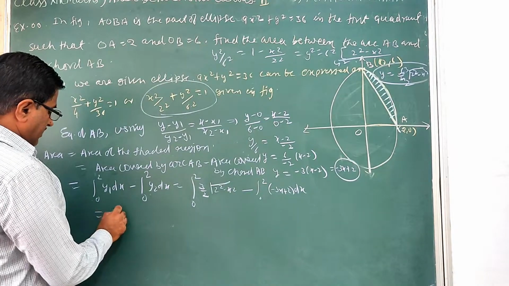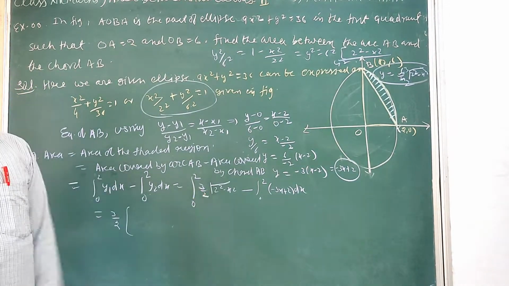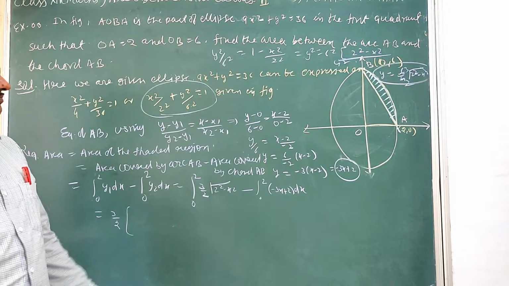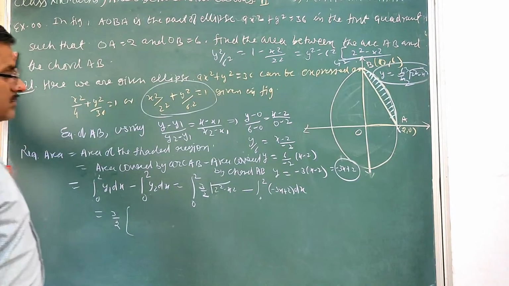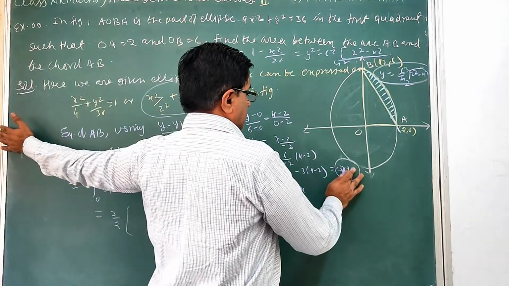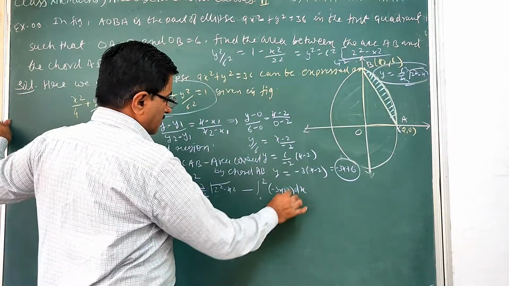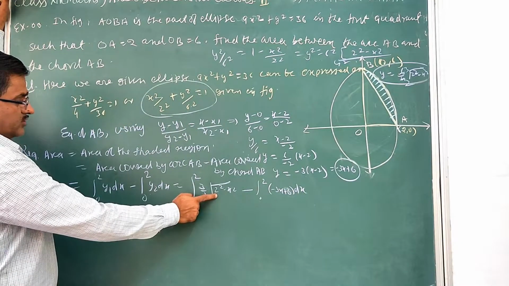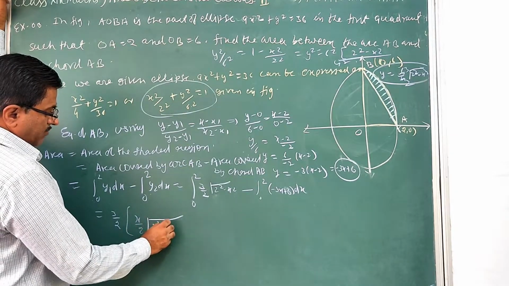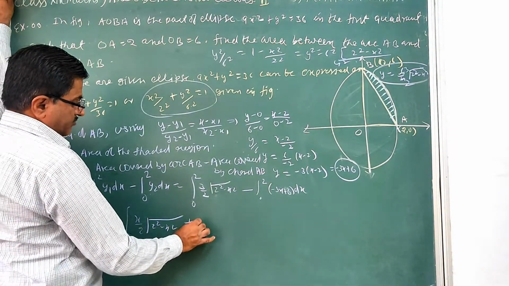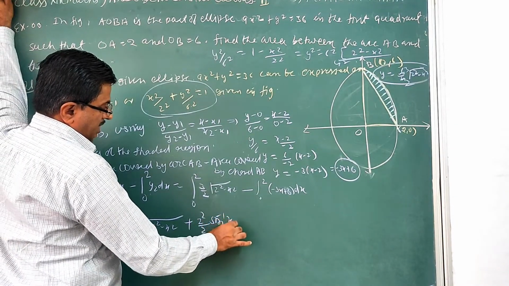So first one is 3 by 2. Now here we can use the standard formula, that is a square minus x square. This is 6 or 2 minus 3 minus 2 6. So what we get here, a square minus x, that is x by 2, root of a square minus x square plus a square by 2 sin inverse x by a.